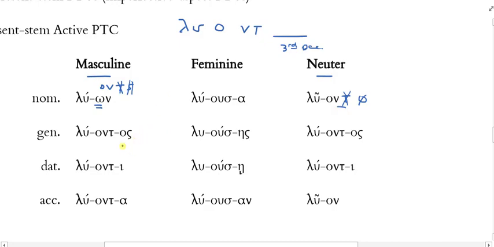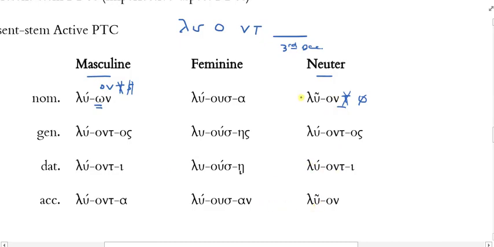Let's take a look at the rest of the forms here. Remember how in the neuter and the masculine, these forms are identical to each other? That was one of the things we learned in our Mounce noun rules. Genitive and dative have endings that are the same in masculine and neuter forms. So luontas and luonti are the same.